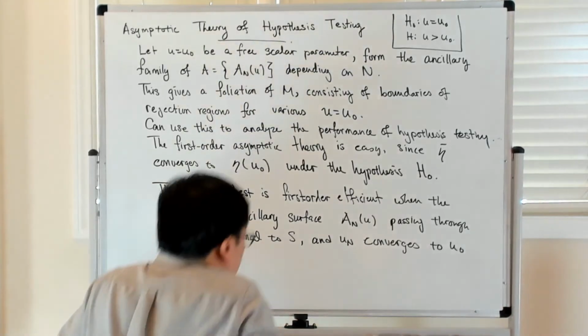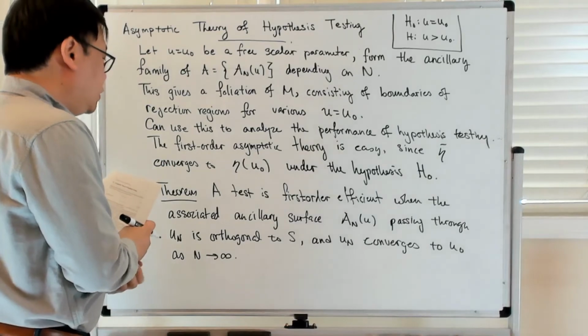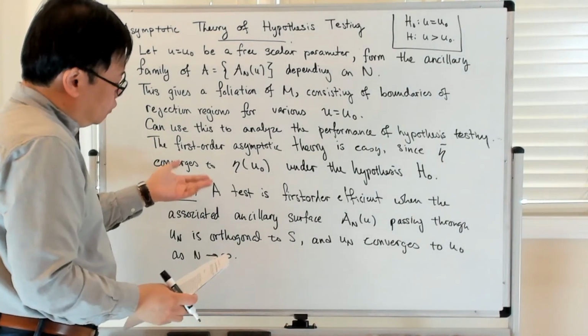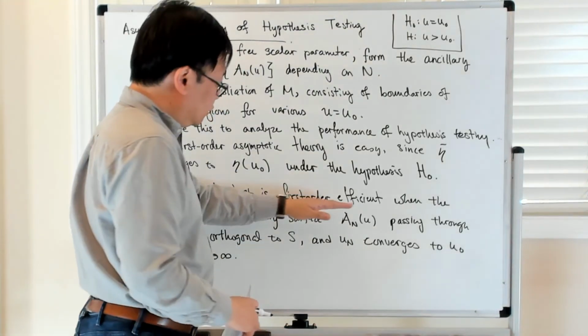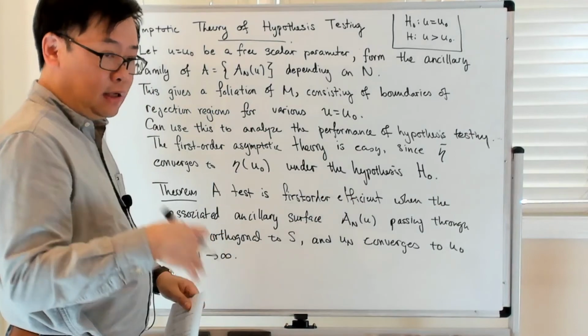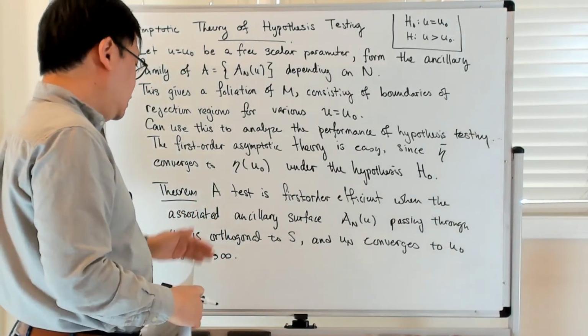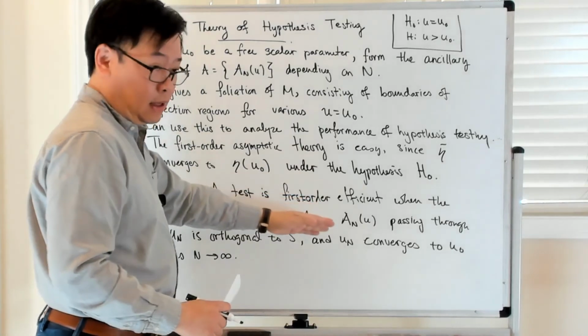So what you're basically saying is that the test is first order efficient if you set up these ancillary surfaces so that the estimator is first order efficient.